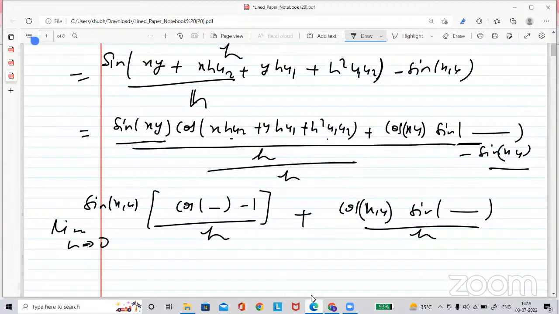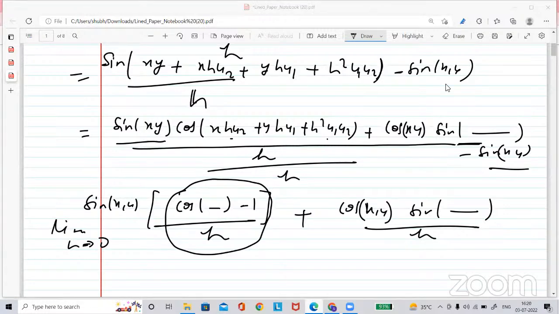See, now this is a limit in one variable, and now this is going to be an indeterminate form. Can you tell me how? Because the denominator h came. See, in this we are taking the limit only with respect to h.